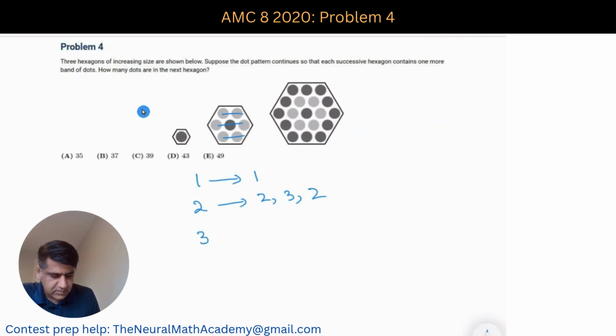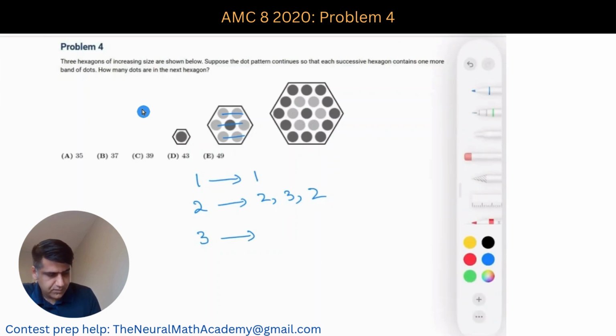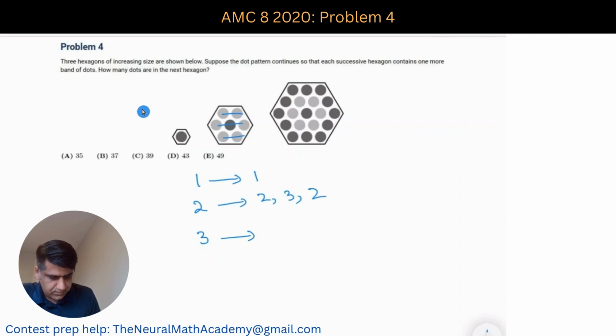In the third one, the first layer has 3, then 4, 5, 4, and 3.